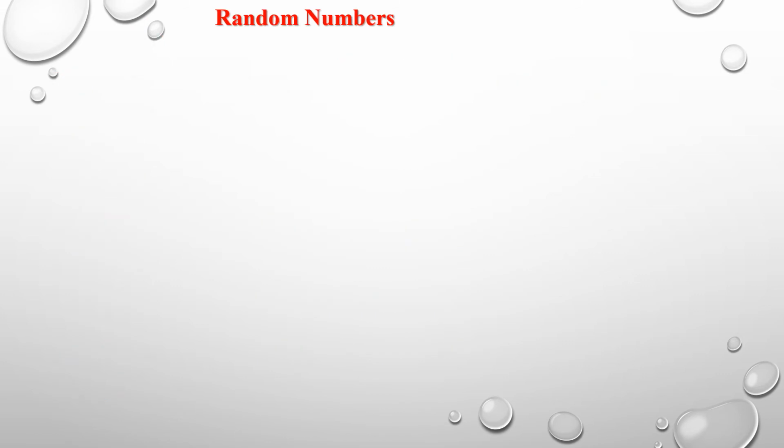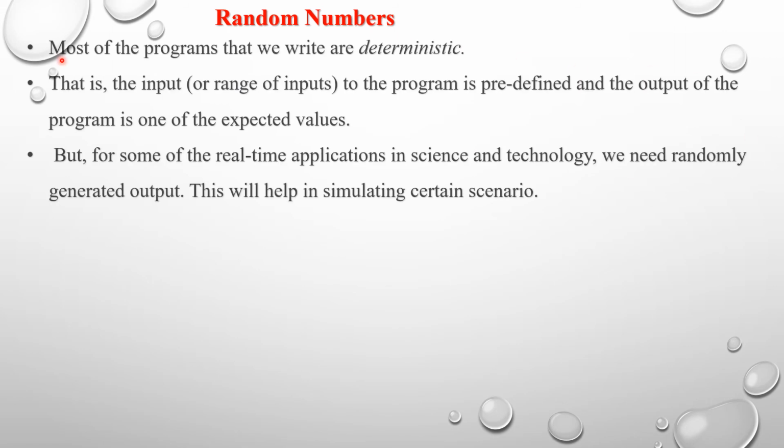Now we will see the importance of random numbers and how to generate random numbers in Python. Most of the programs that we write are deterministic. That is, the input or a range of inputs to the programs is predefined, and the output is one of the expected values. But for some real-time applications in science and technology, we need randomly generated output.